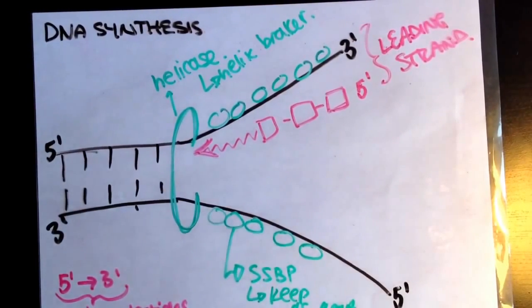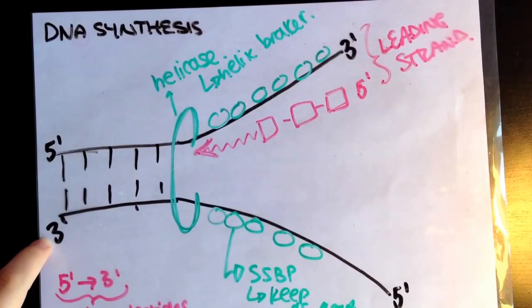Now, here's where the confusing part comes in, if that wasn't confusing enough. When we look at this bottom strand over here, this is going to be a little bit different, because now this strand is going from a 5' to 3' direction. Now, DNA can only be made from a 5' to 3' direction while it is being added to the 3' DNA strand.